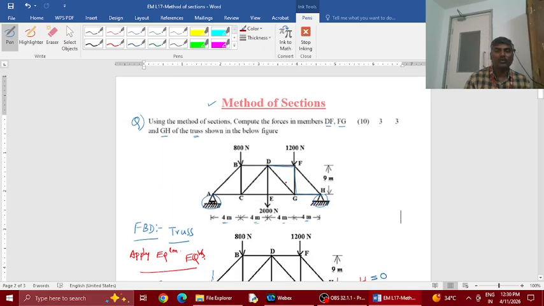If you want to represent the same in this diagram as member forces, the DF is compression, so I shall represent it with two arrows pointing towards each other. The value is 933.3, whereas FG is tension, so I shall represent the two arrows pointing away from each other.